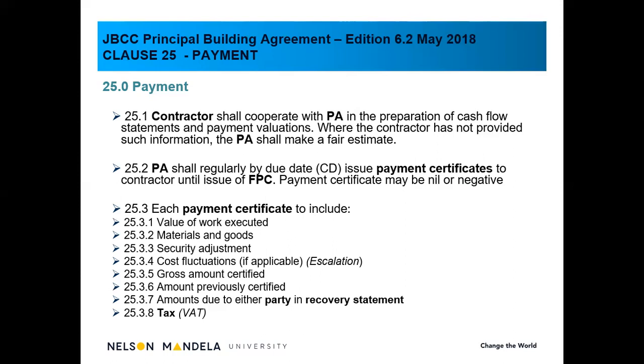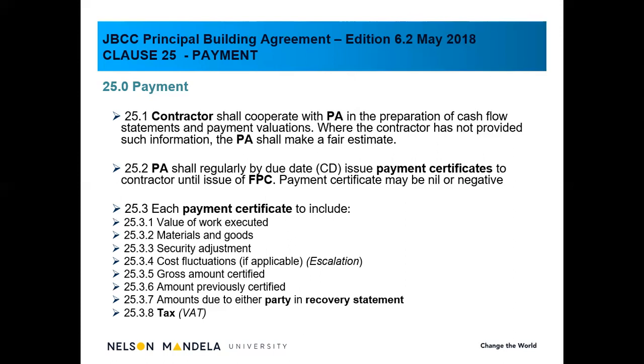There's going to be clause 25.3.5, a gross amount certified. You just look it up; that is straightforward from the JBCC payment certificate. Also 25.3.6 talks about the amount previously certified. Now, our approach will always be to value the work up to date.